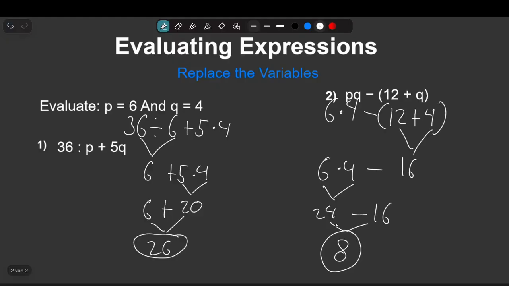Evaluating expressions with two variables can get a little bit confusing, because in the second example we actually had three variables in the expression. But if you just watch this video and focus on my explanation, you can get to your final answer also.